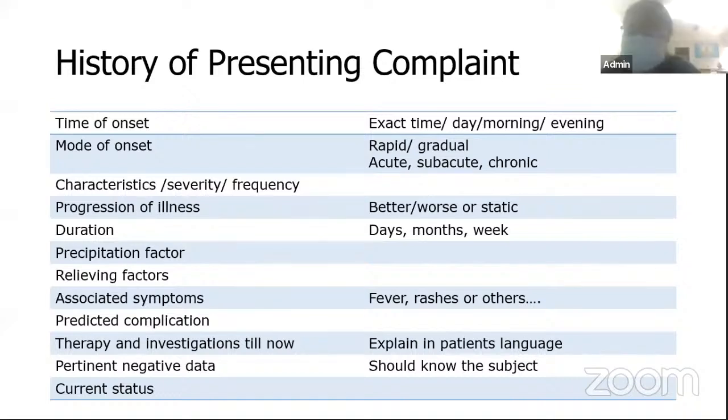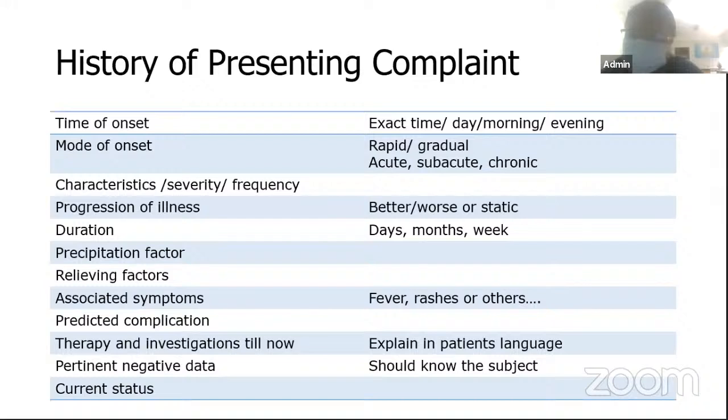So we should know something about the subject. Then only will you be able to know the predicted complication. If the patient is having edema, it's a nephrotic syndrome complication. You should know about complications, like pertinent data.